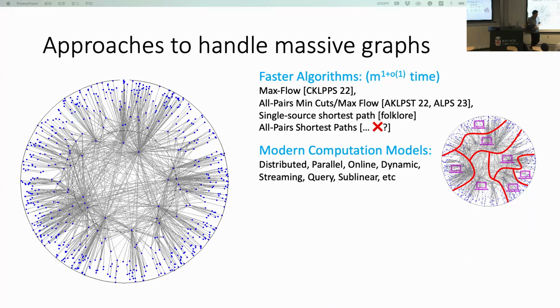The second approach is to perform these graph computations in different computational models. The motivation is we have more and more powerful computing machines. So why don't we assign different parts of the graph to different computers and let them perform computation on their assigned parts while talking to each other? This is exactly what we are doing in the distributed and parallel models. There are some other models like dynamic streaming, all very interesting.